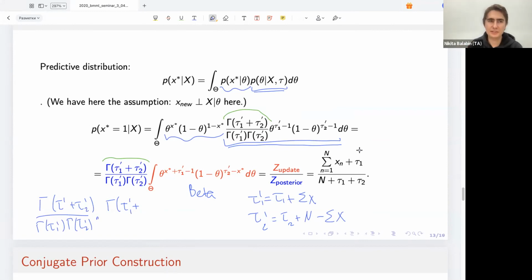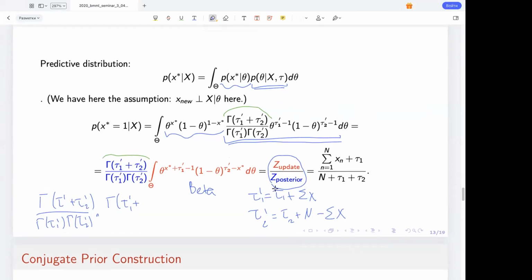But the main property is not just the final solution, but this ratio. Because with our choice of prior, we can compute the predictive distribution more easily. And that's why we need to choose such priors. And we will discuss what general forms of priors we should use.